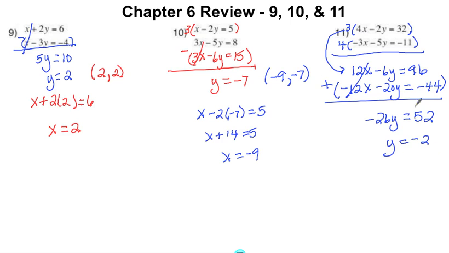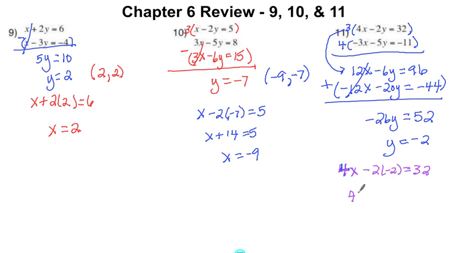Then I'm going to plug that back into not one of these, but one of the originals, just because those numbers are smaller and I know I won't make a mistake with these bigger numbers. I'm going to pick the first one. 4x minus 2 times negative 2 equals 32.